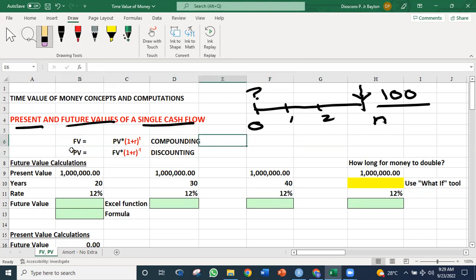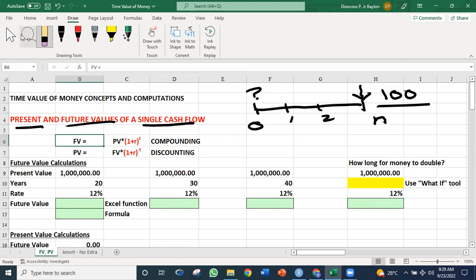To compute for the future value, we use this formula. The future value is equal to the present value times 1 plus r raised to the t.